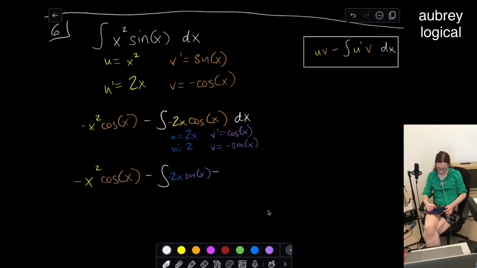minus the integral, oh wait, yeah, okay, I'm doing this wrong. Integral is going to be over here now.